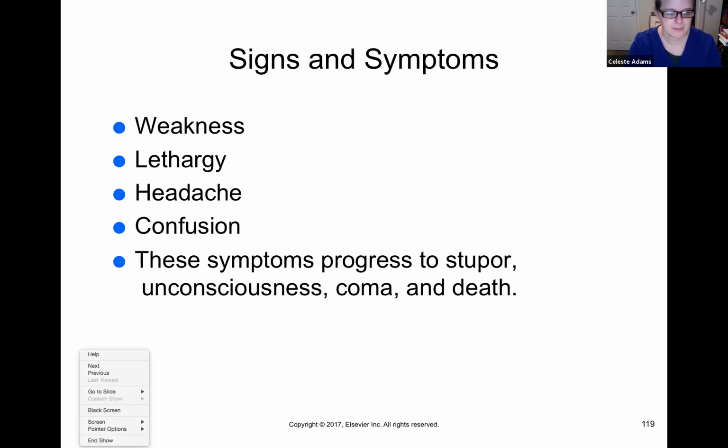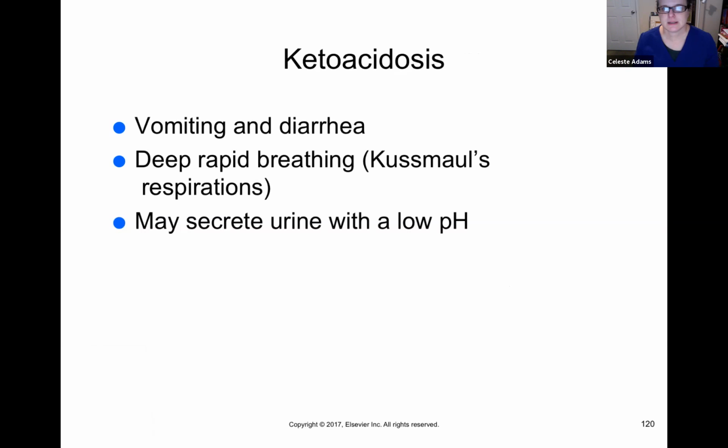Okay, next, ketoacidosis. Ketoacidosis is a form of metabolic acidosis. You can get ketoacidosis from vomiting and diarrhea, from getting rid of all that bicarb in your body.